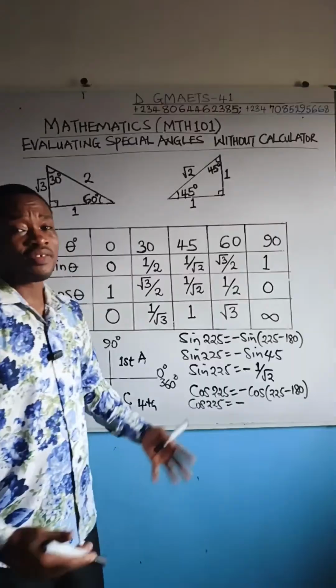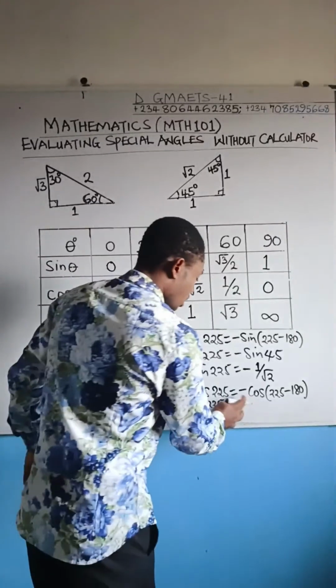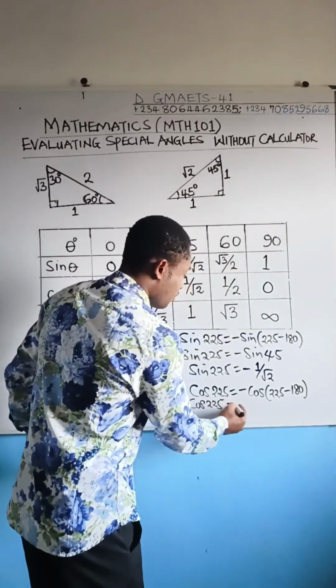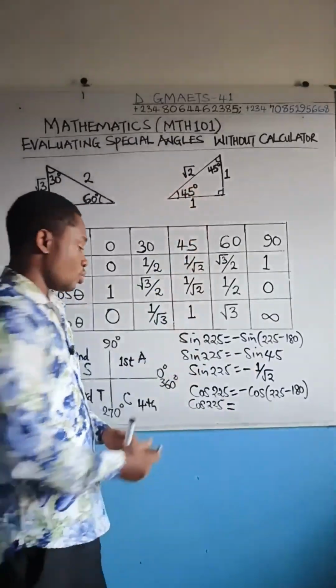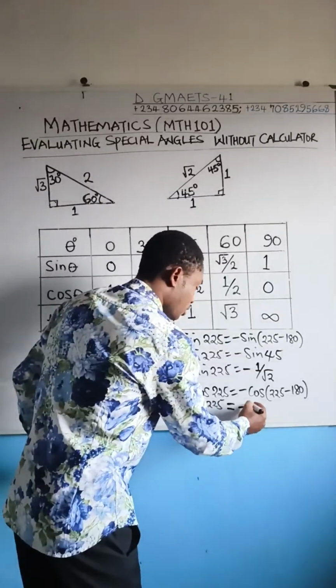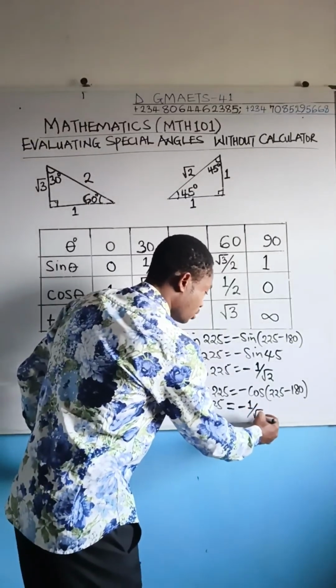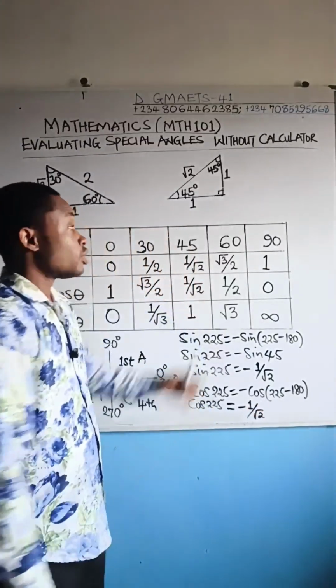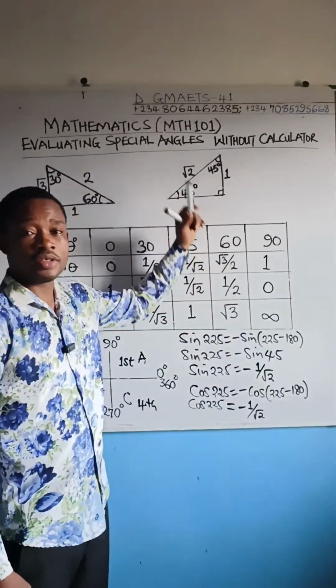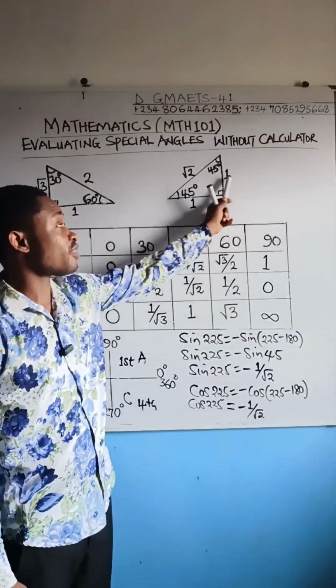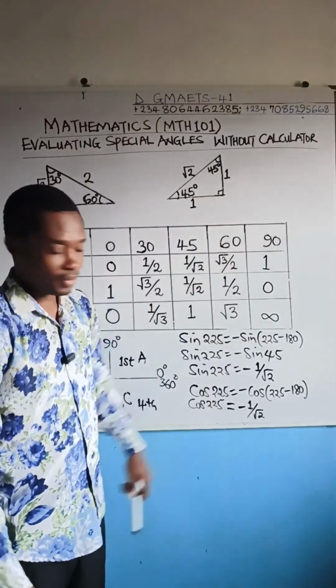And what is the value of cos 45? Cos 45 will give you the same value as sine 45, 1 over root 2. So this is going to be minus 1 divided by root 2. Cos 45 is adjacent over hypotenuse.